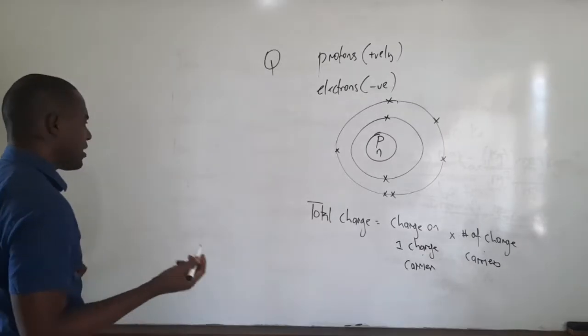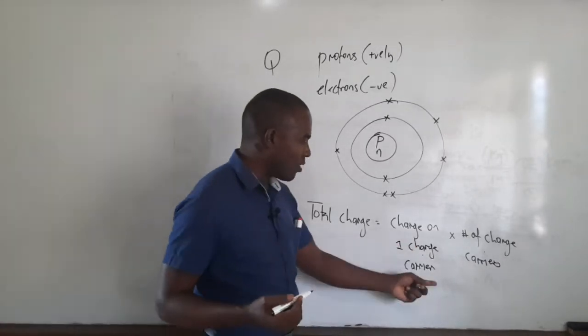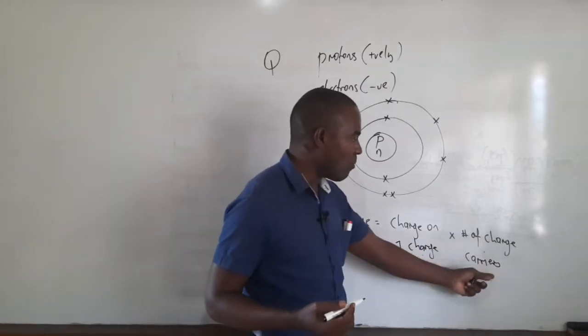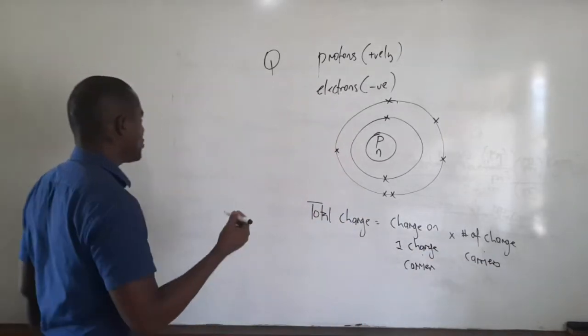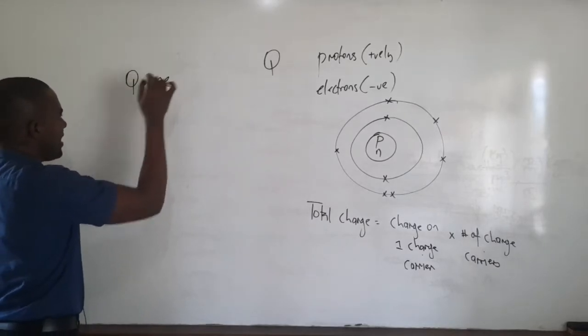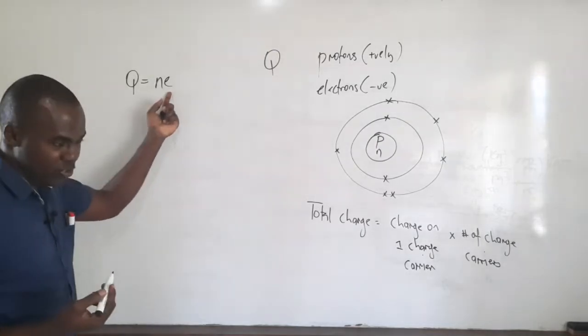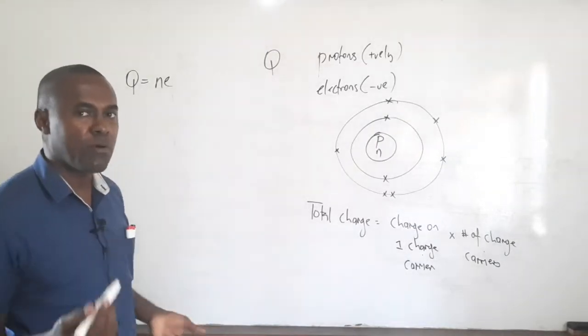So with electrons in mind, we can think of the total charge as the charge on one electron times the number of electrons. For that, the total charge can be expressed according to the equation Q equals NE, where E represents the magnitude of the charge on one electron, and N, of course, is the number of electrons.